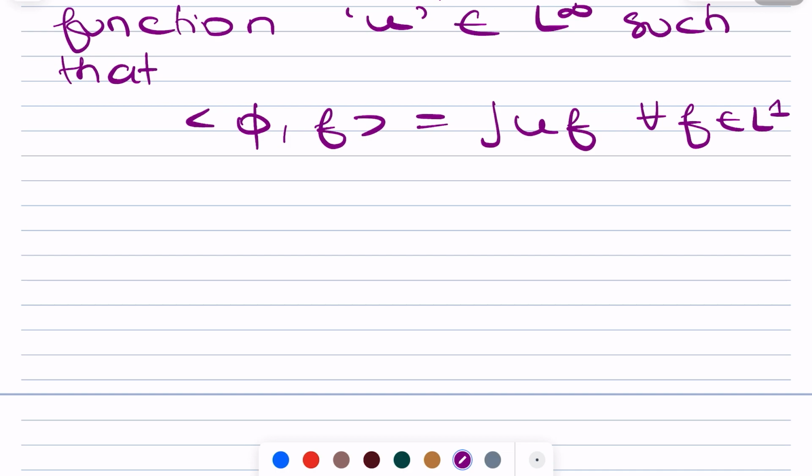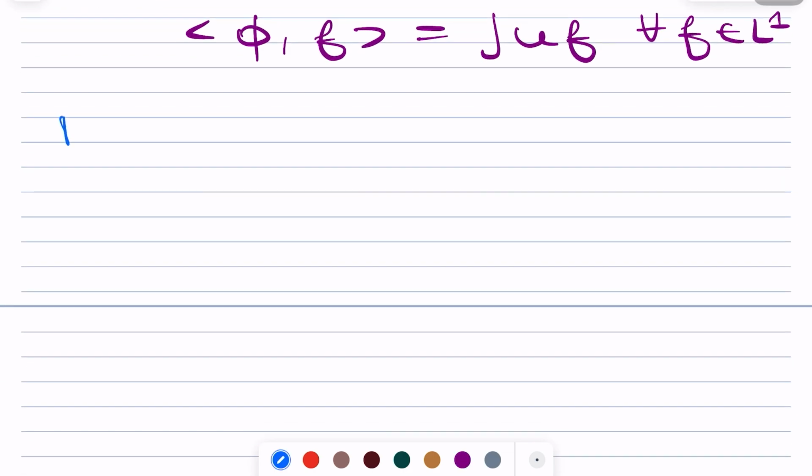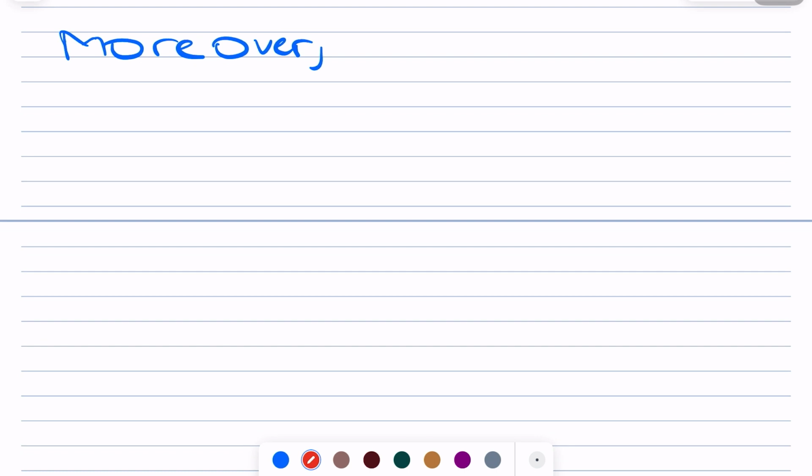Moreover, the infinity norm of u is exactly the operator norm of phi. So again, the Riesz representation theorem says that every continuous linear functional on L1 can be represented concretely as an integral.